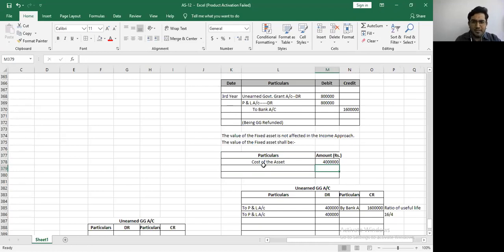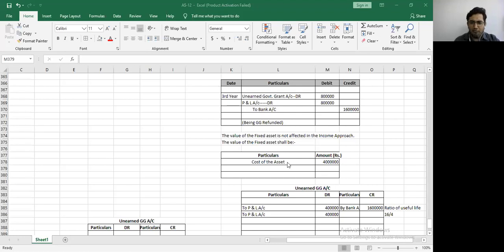How do you record this asset in the books in the income approach? At what value will you record this in the books, full cost or net cost? Entire cost, which means 40 lakhs. Everyone agrees? 40 lakhs?